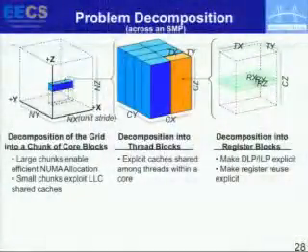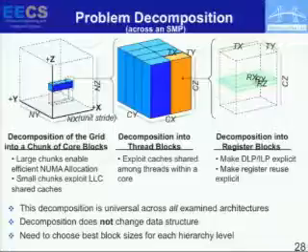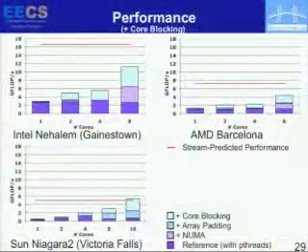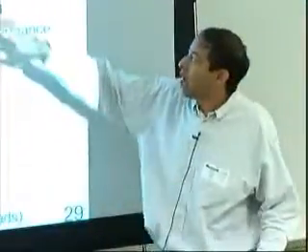And finally, we did register blocking. And all this is loop unrolling in different dimensions to utilize your registers as effectively as possible. This doesn't actually change the actual data structures you're working with. This basically changes the parallelization as well as the cache blocking and the loop unrolling. So if we do core blocking, we see that this is a universally successful optimization because all three architectures do better.